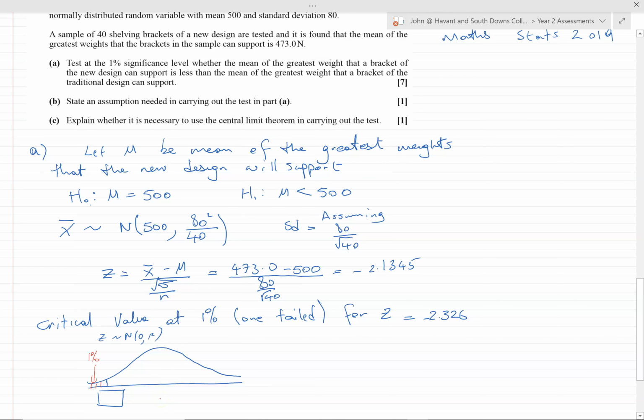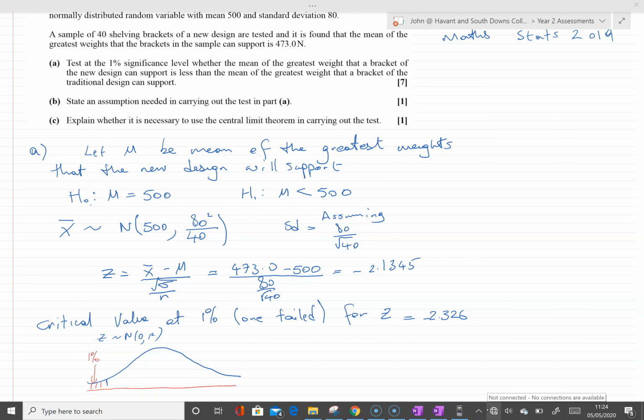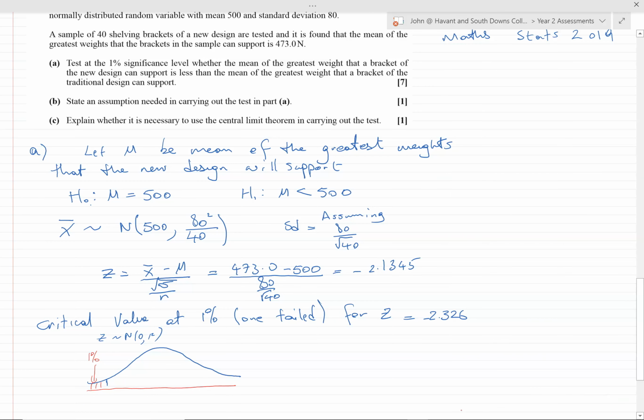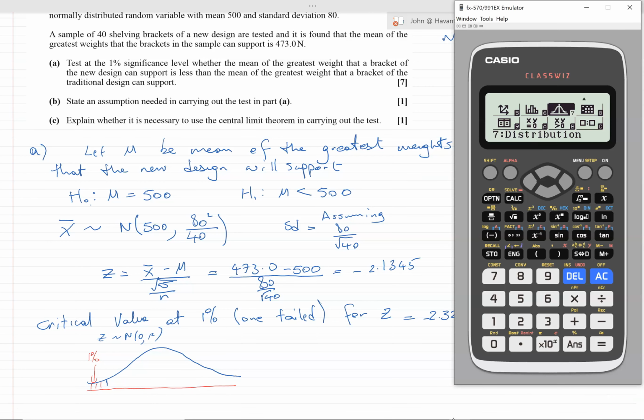And we've got a Z value of minus 2.1345, and we need to see what the Z value is for the 1% value. So if we bring up our calculator, we press menu 7, and it is the inverse normal we're looking for.